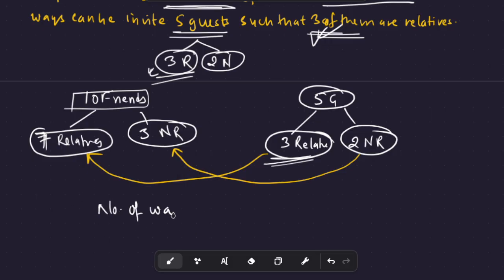The number of ways becomes 7C3 times 3C2, right?